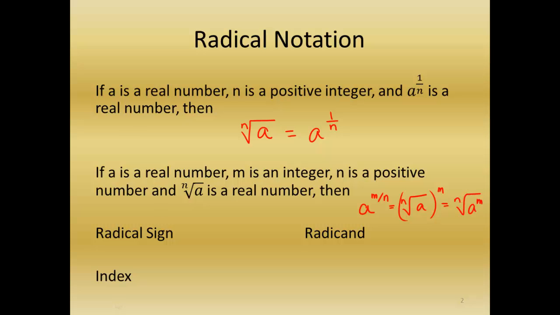So notice there's two places where we can place that exponent of m. It can either be under the radical on a, or it could be encompassing the entire nth root. It could be in either situation.